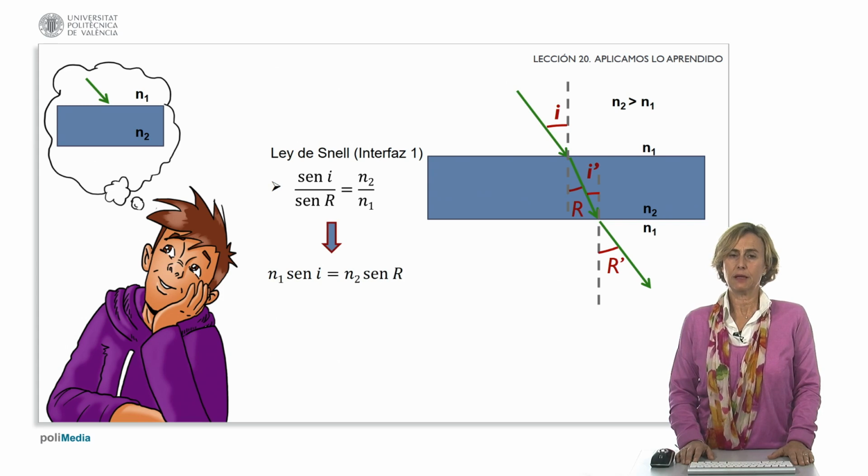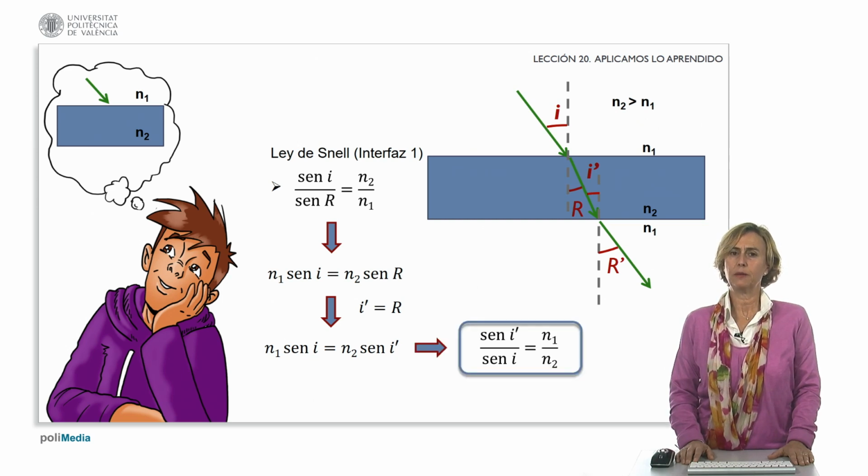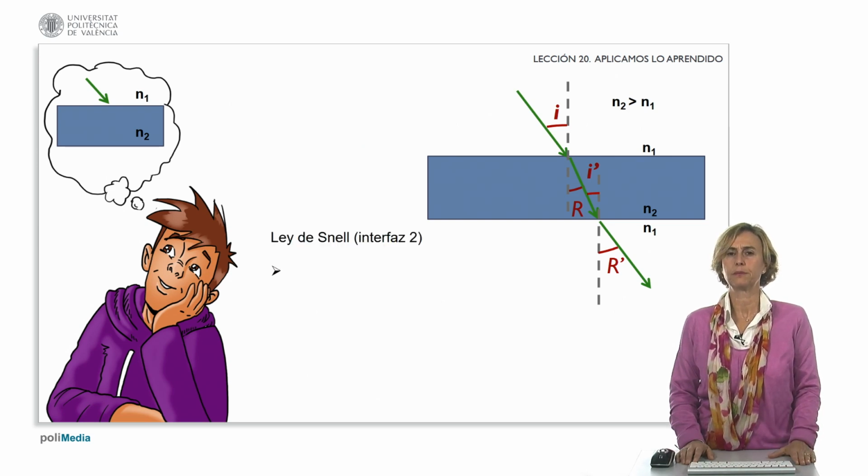Okay, if we take that into account, and considering that the angle of incidence at the second interface is equal to the refracted angle at the first interface, R, we finally get a relationship between the angle of incidence I at the first interface and the angle of incidence I prime, which is the angle of incidence at the second interface, or the refracted angle at the first interface.